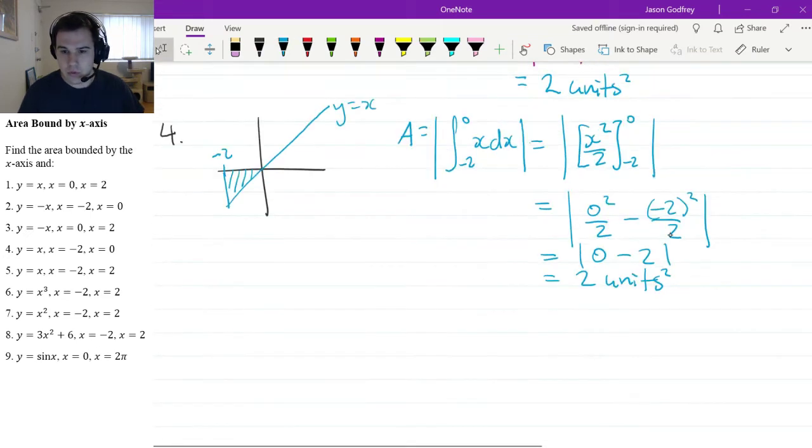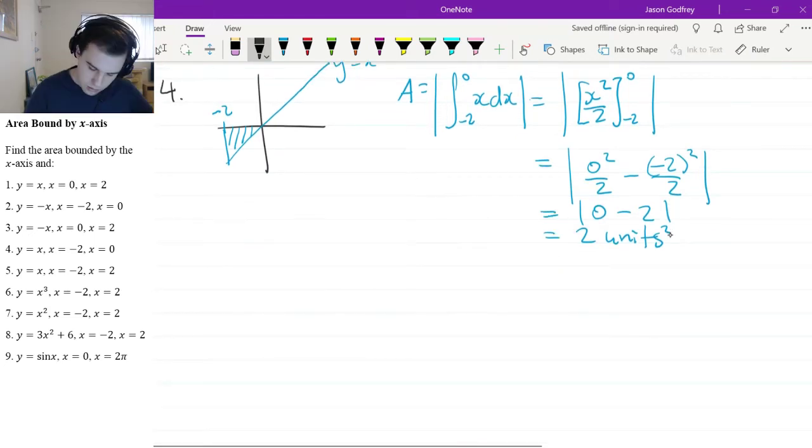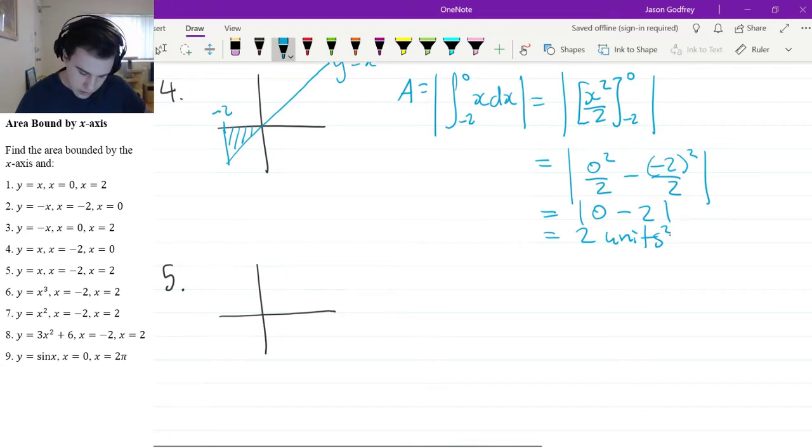Okay, so what about question 5? In all these examples 1 to 4, we haven't gone past the y-axis either. But what happens if we're going past the y-axis? So question 5, we've got the line y equals x, and we're going from -2 up to 2.